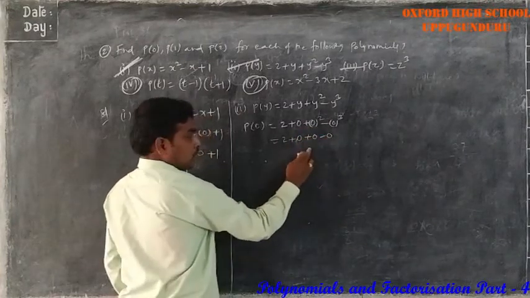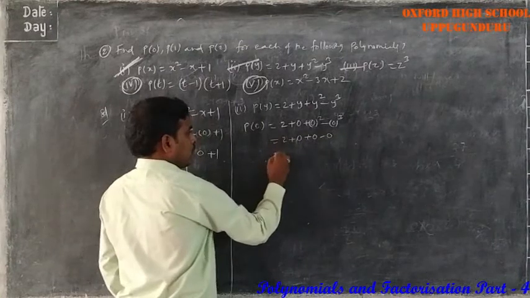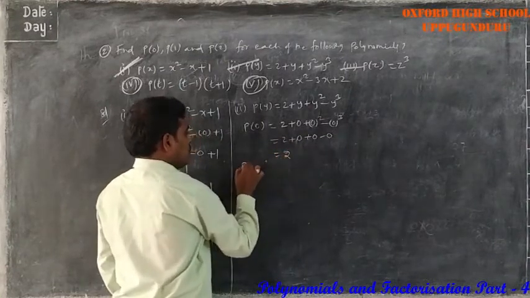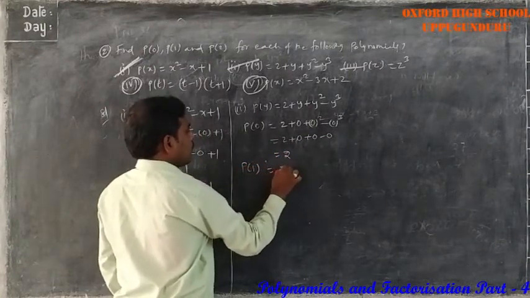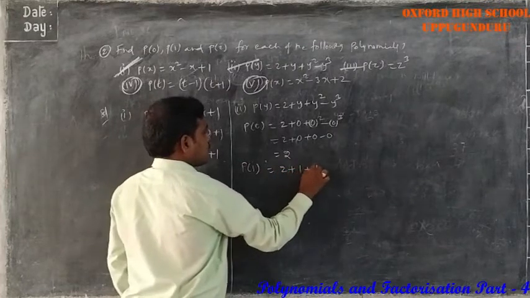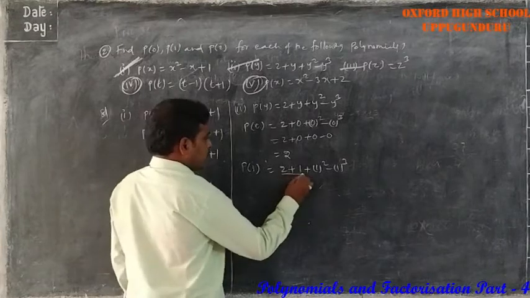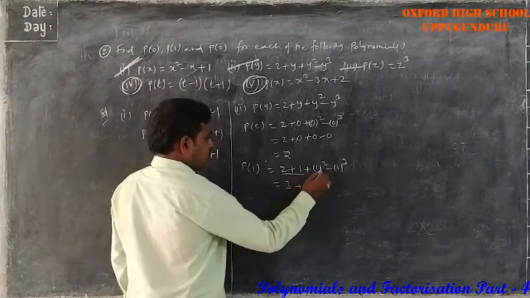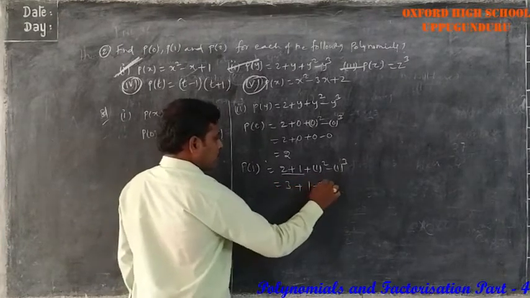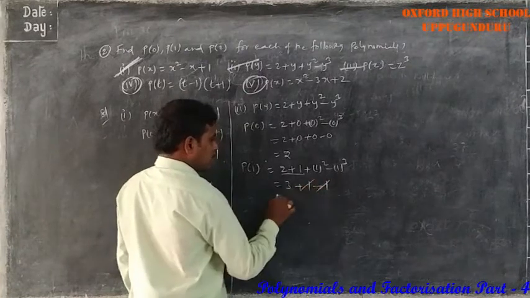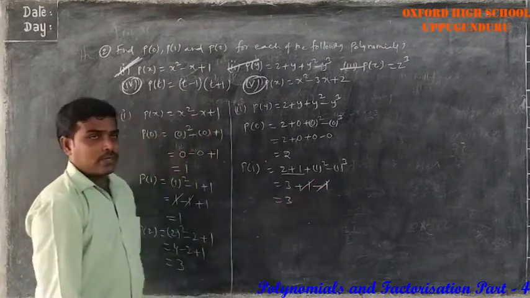Total value becomes 0, plus 2 you will get 2. Now P of 1, 2 plus 1 square minus 1 cube. 2 plus 1, 3, plus 1 square is 1, minus 1 cube also 1. Plus 1 minus 1 gets cancelled, you will get 3.